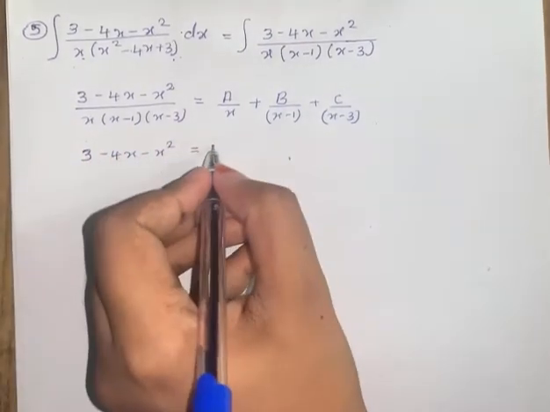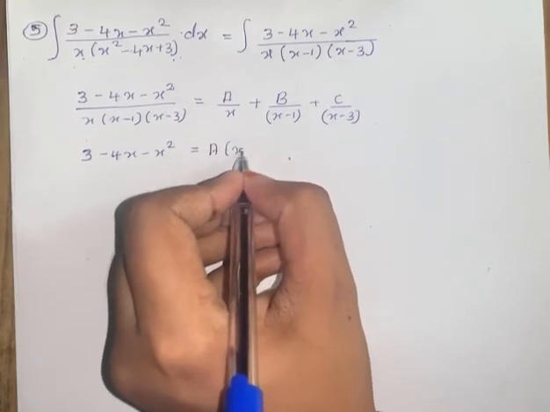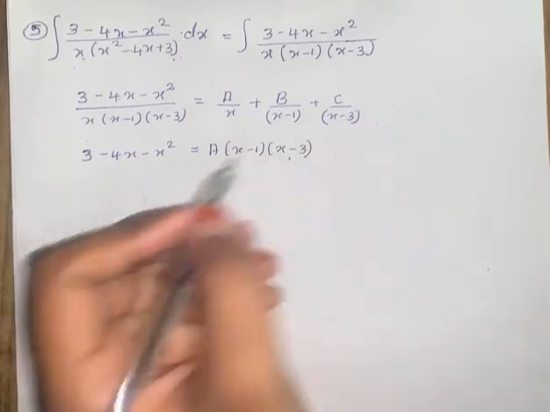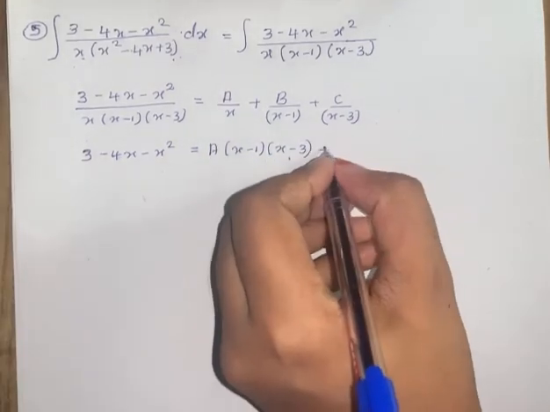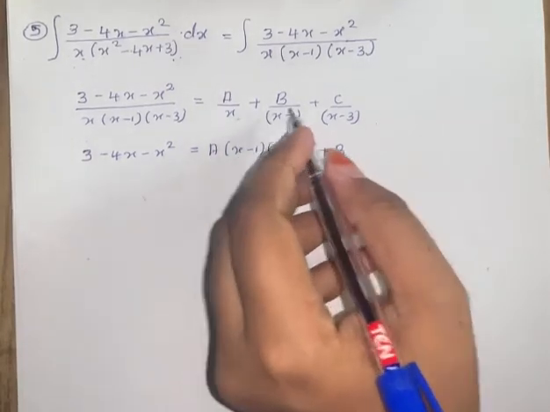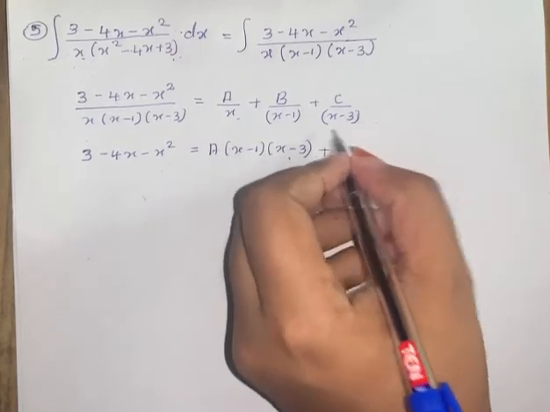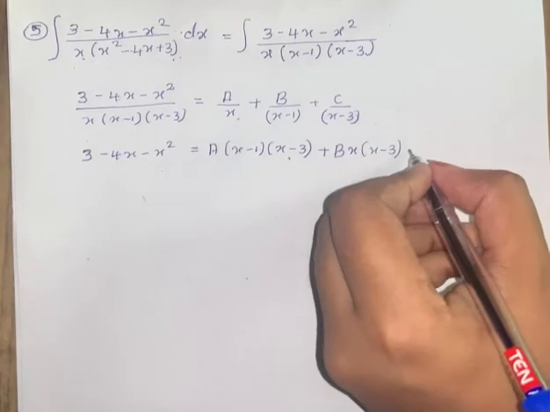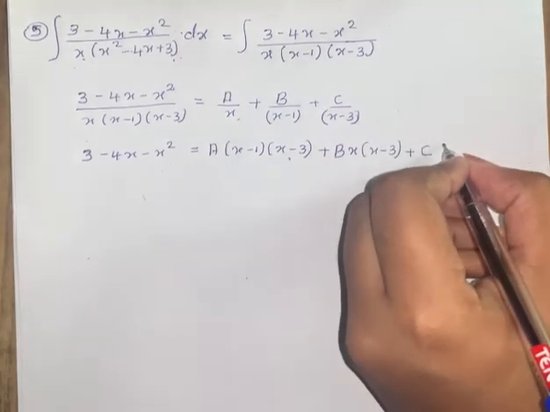If we cross multiply them, we will get A into x minus 1 into x minus 3, plus B into x into x minus 3, plus C into x into x minus 1.